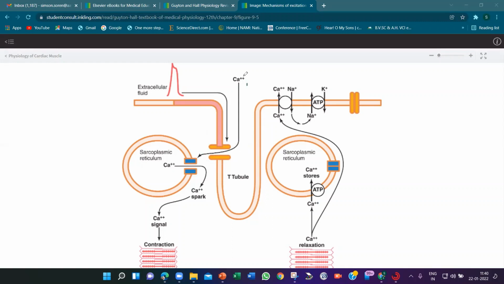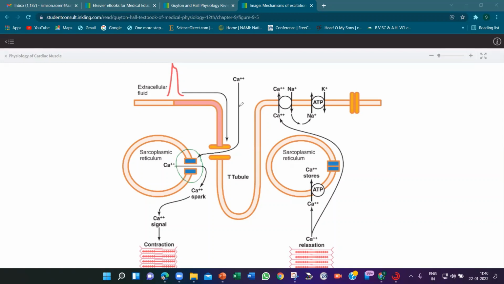So calcium enters into the cell, and as soon as calcium enters the cell, it causes activation of the calcium release channel, which is the ryanodine receptor. We can call it the ryanodine receptor also. This is nothing but the calcium release gate.